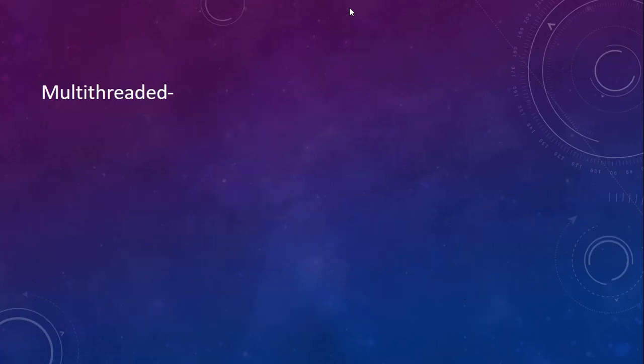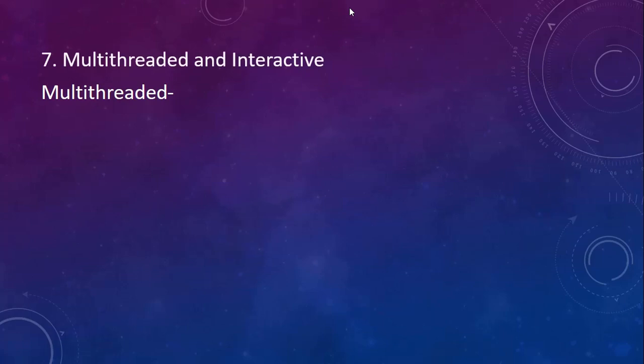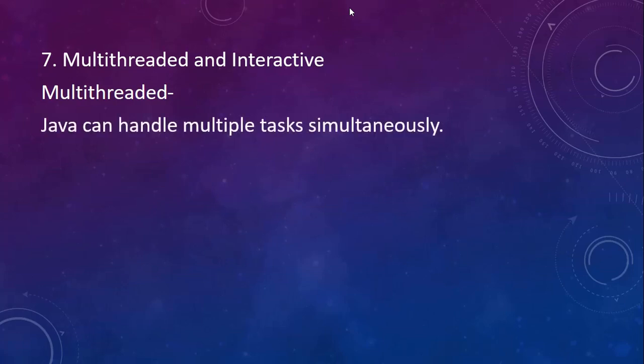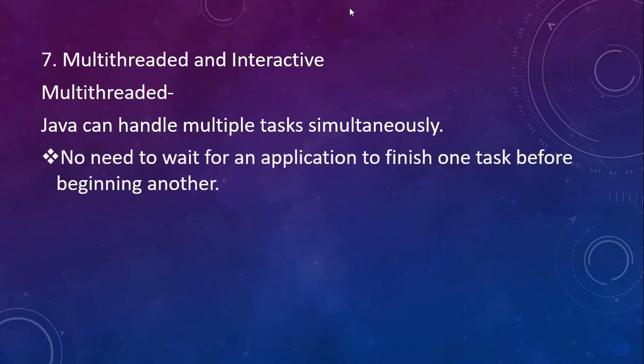Java is multi-threaded and interactive. What is the meaning of multi-threading? Java can handle multiple tasks simultaneously. That's multi-threading. There is no need to wait for an application to finish one task before beginning another, because execution will be carried out in parallel.